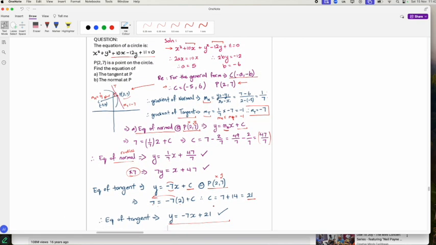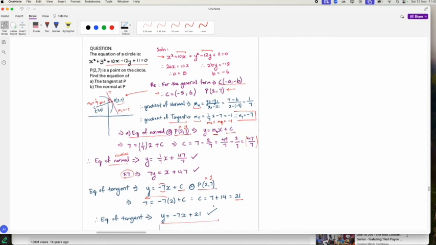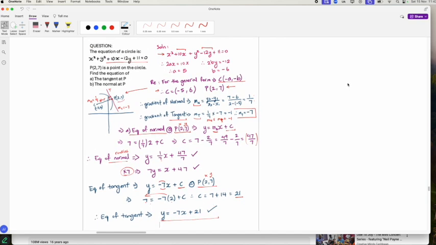Shanisha, how do you feel about this one? It's okay. Any questions about any parts of it? Not really. All right. Do you understand how I used the general equation to find the center of the circle? Yeah. And how I could have used the center of the circle and P to draw a sketch? Yeah.